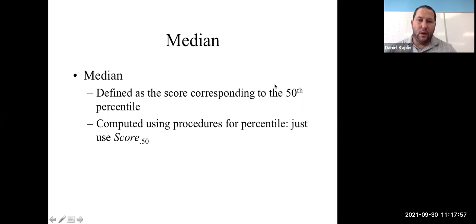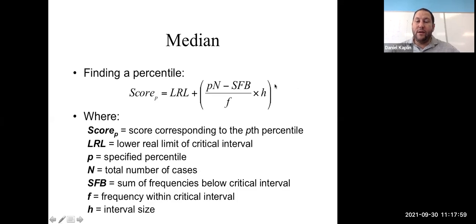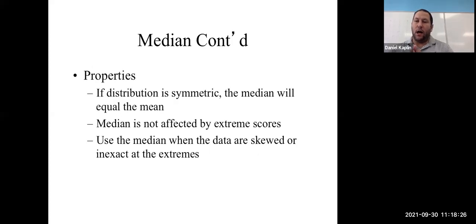So if we were to look at the formula, this should look familiar, right? So the score in question, score P, or score 0.5, is equal to the lower real limit plus P times N minus the sum of the frequencies below, divided by F times H, or the height. And we're going to do that formula shortly, but let me teach you some of the additional properties.